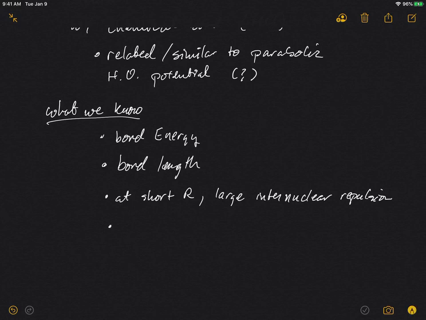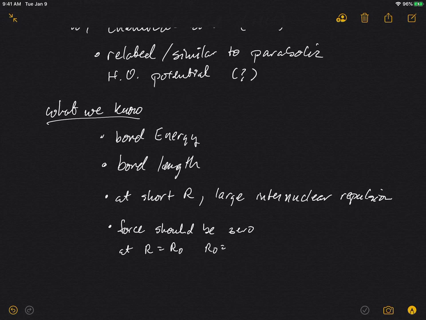The other thing is, in order for there to be a bond, it sort of makes sense that there's got to be some equilibrium position. So the force should be zero at R equals R0, where R0 is the bond length.